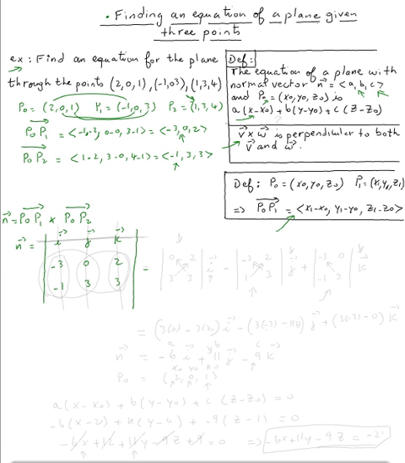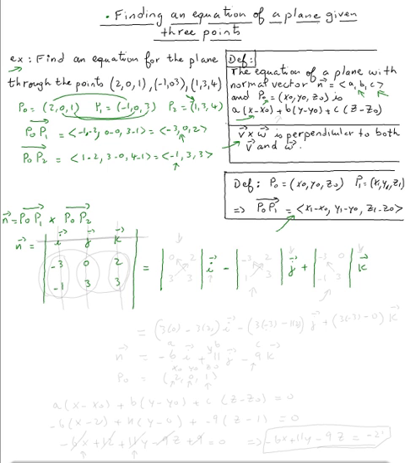Now we need to come up with some determinants. It's always going to be a determinant times i minus a determinant times j plus a determinant times k, always.